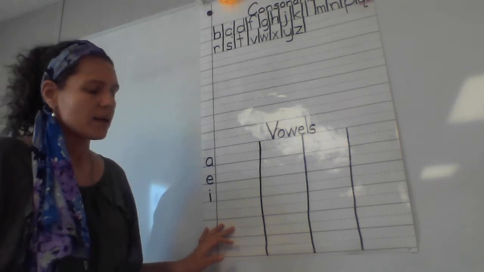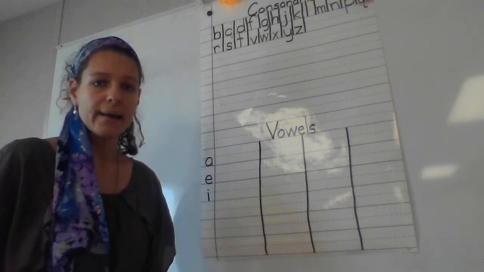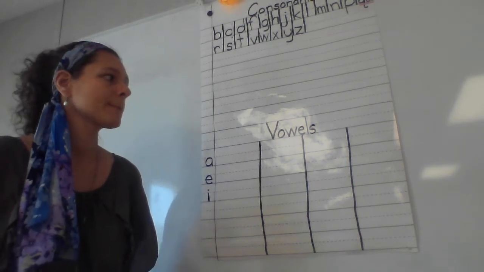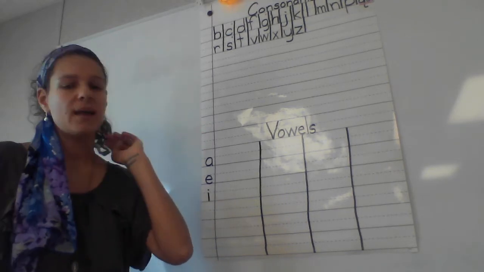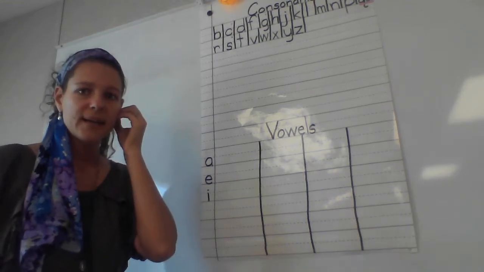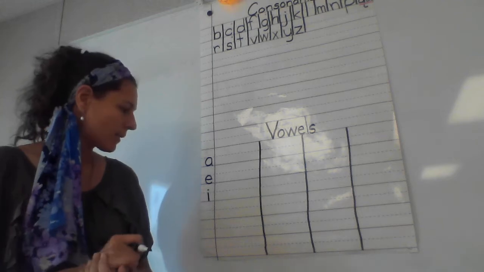All right. Does anyone, our class, tell me which of our letters can be a consonant or a vowel? What is it? Good, that's our y. Right, when it says ya, it's a consonant. When it says ie, it is a vowel.